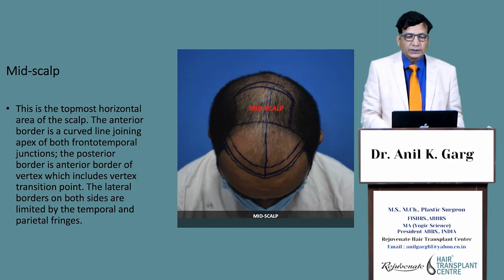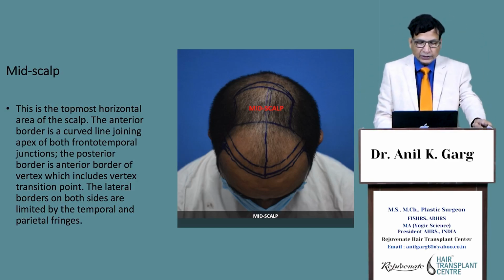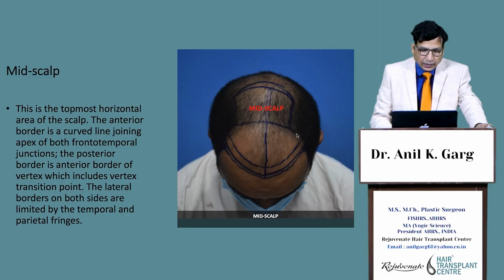Then coming to the mid-scalp area, this is the topmost horizontal portion of the scalp. The anterior border is a curved line joining the apex of both frontotemporal angles, and it goes posteriorly up to the vertex transition point.